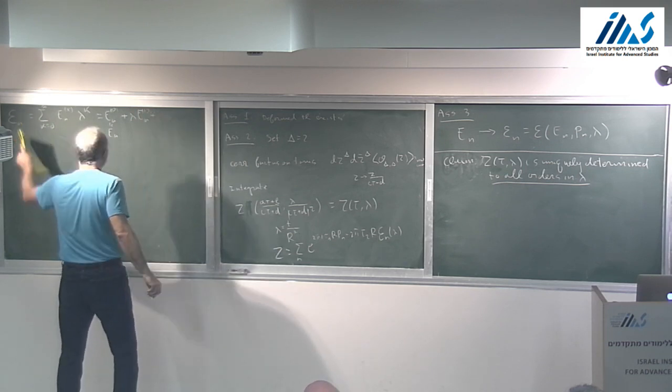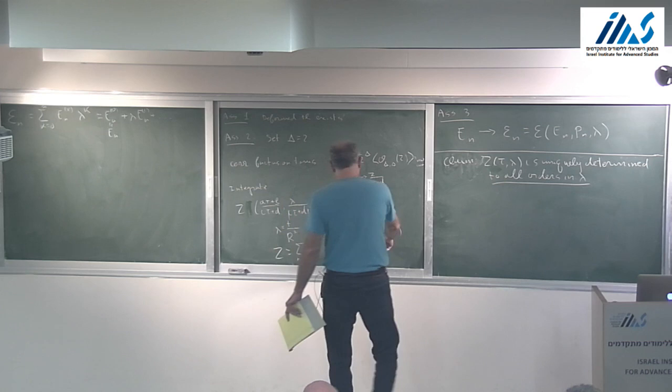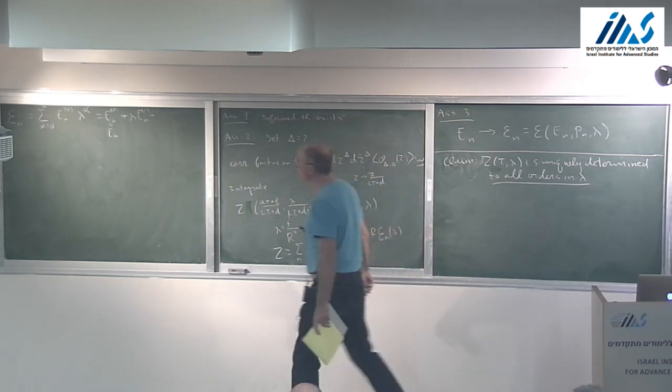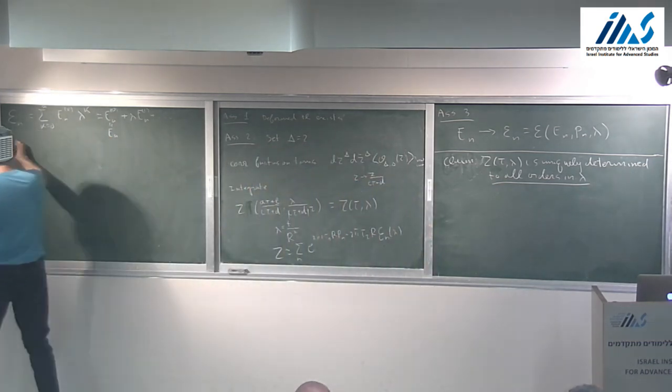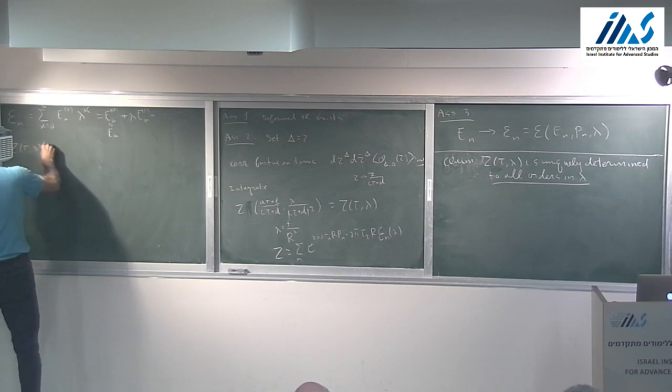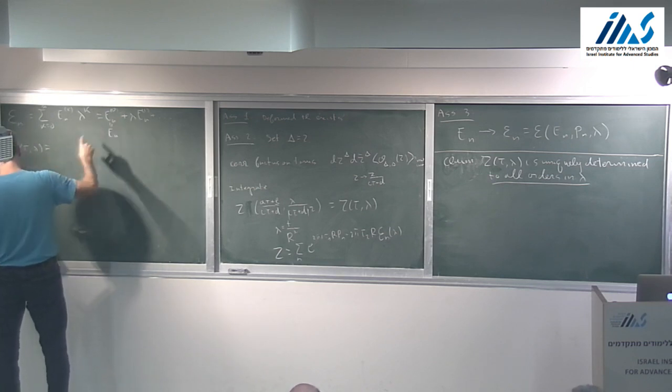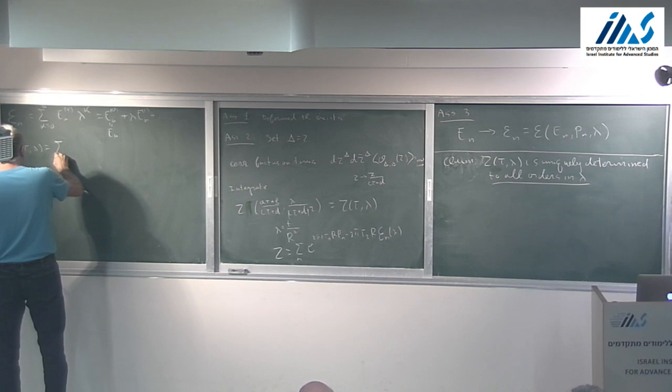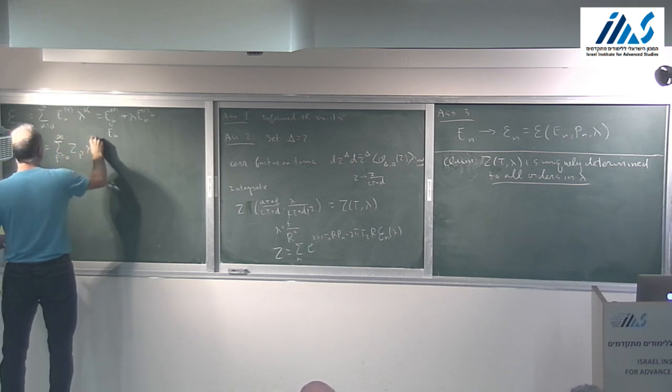Now, if you substitute this formula into here, this will give rise to some expansion of the partition sum, which of course is driven by this expansion. So there's some expansion like this.